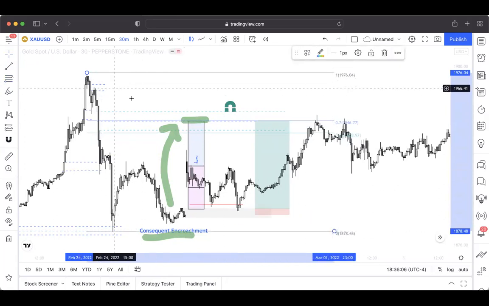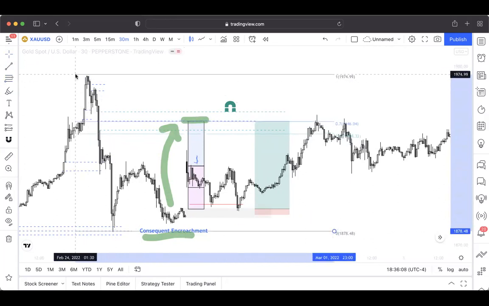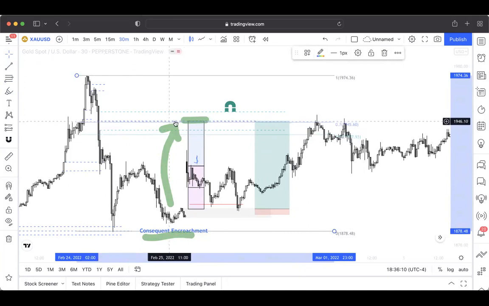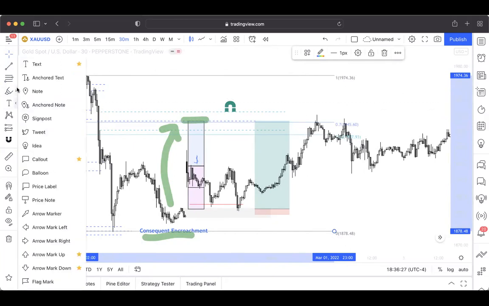See, the 70 is right there in the middle of it. So now you have two other confirmations: the middle, the standard deviation, and also the fib level.